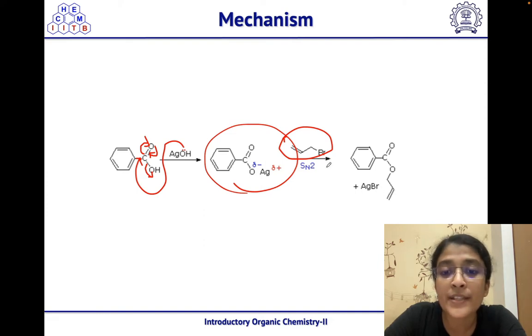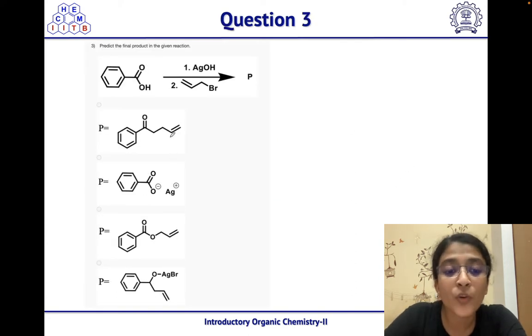This intermediate species will undergo SN2 substitution reaction with this allyl bromide, and it will give this desired product. So out of these four, this option C is the right answer.